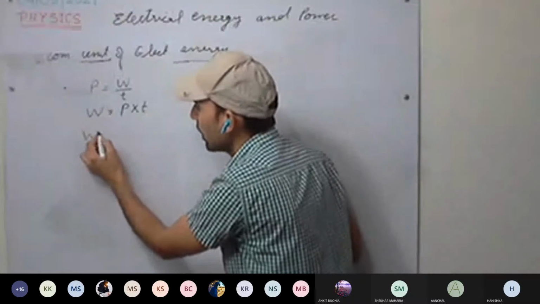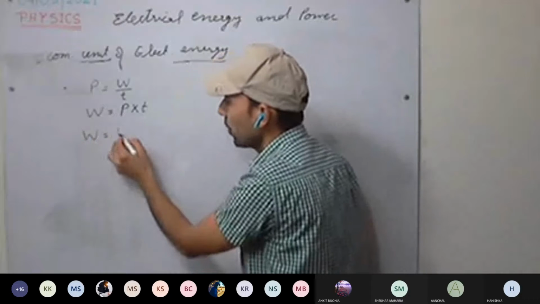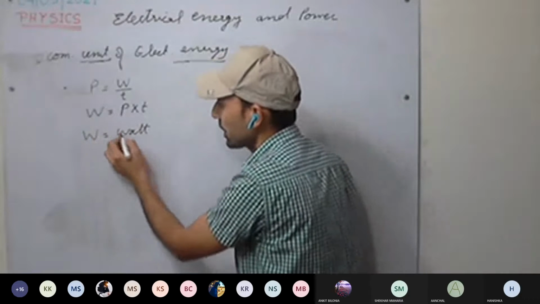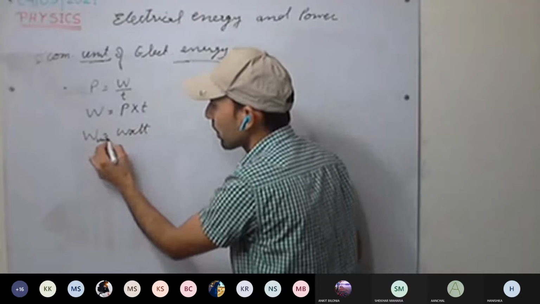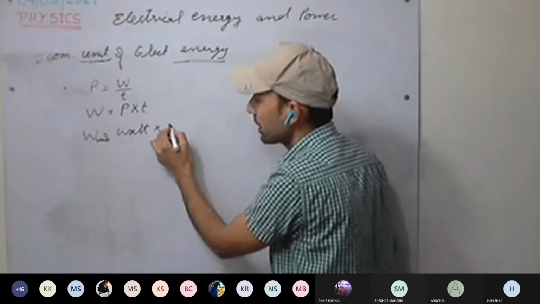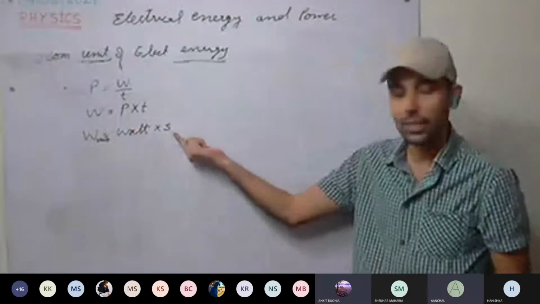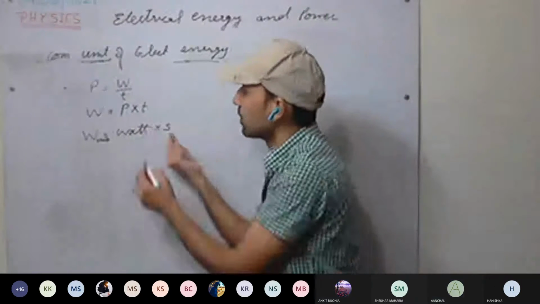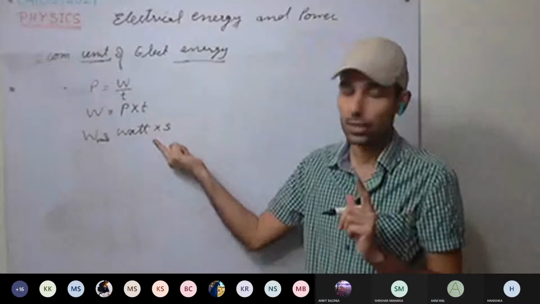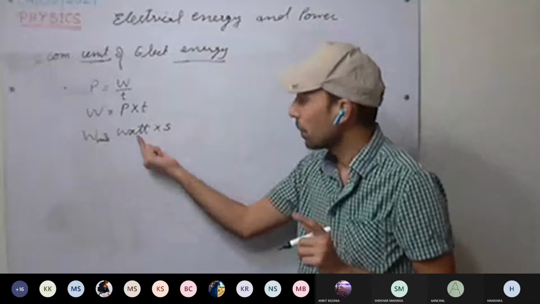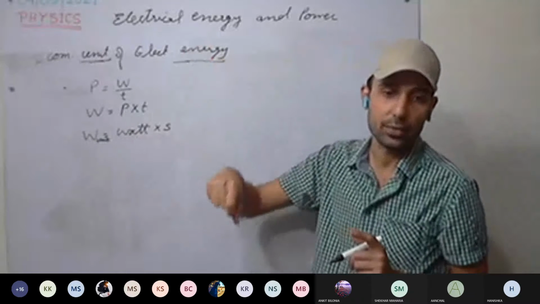Now, the power unit is watt and the time unit is second. Watt second is the unit of work done. But it is a smaller unit. We require a bigger unit.